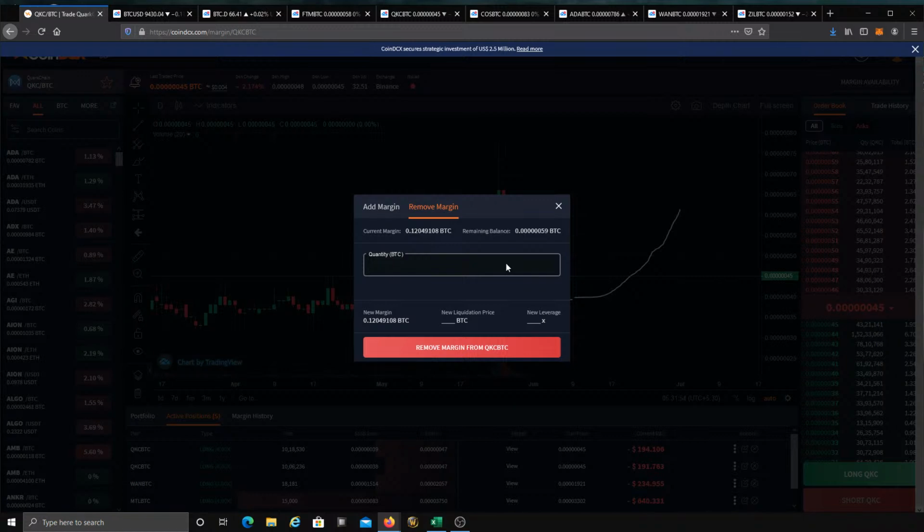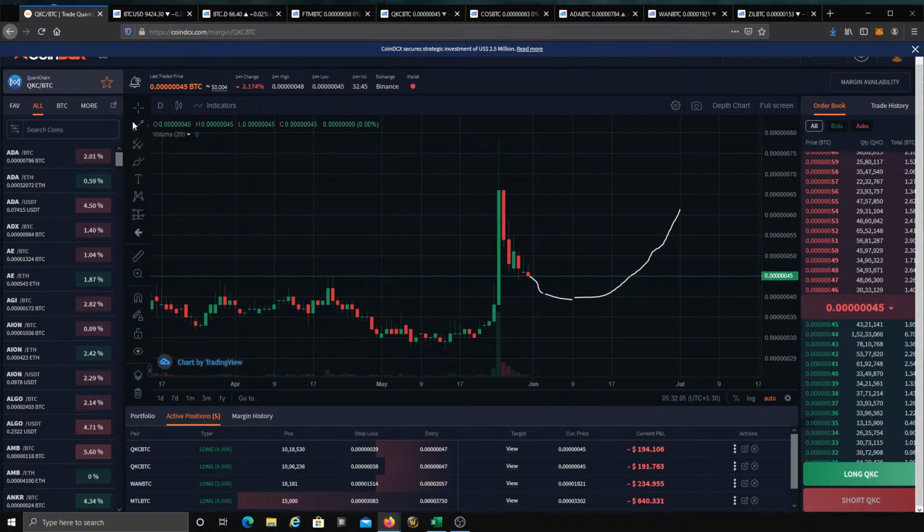Whatever I put in when I added the margin, I can take back out, and it'll put my leverage back at 4x, and I can pocket that money and put it somewhere else, or just keep it on the sidelines. So it's good to always have that side cash on hand.